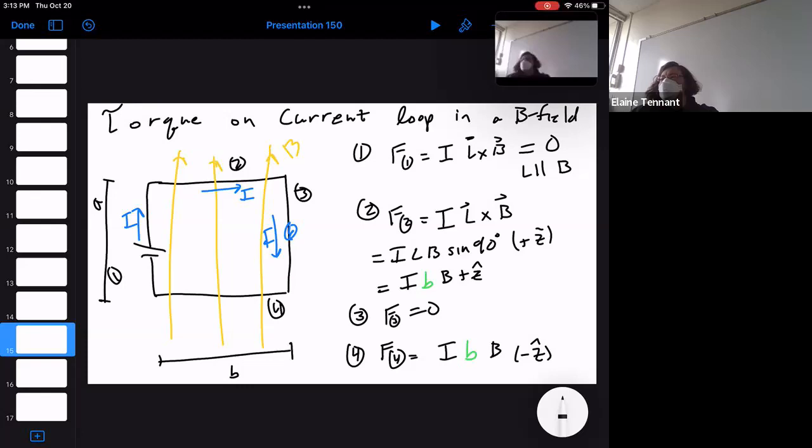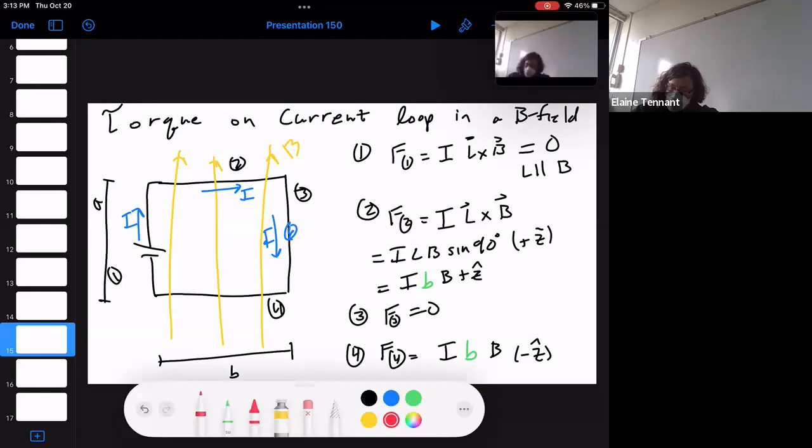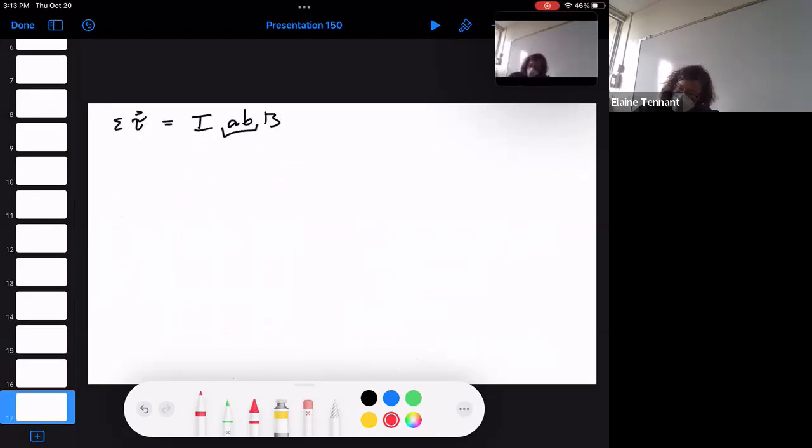What is A times B? If I multiplied this side by this side, I get the area. So this is really the current times the magnetic field times the area of my loop.